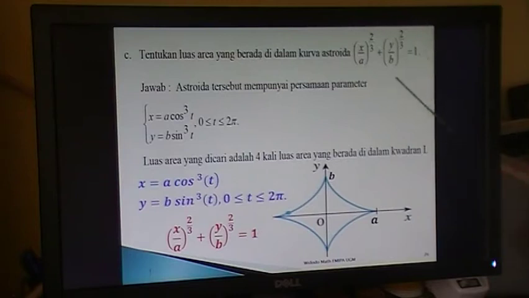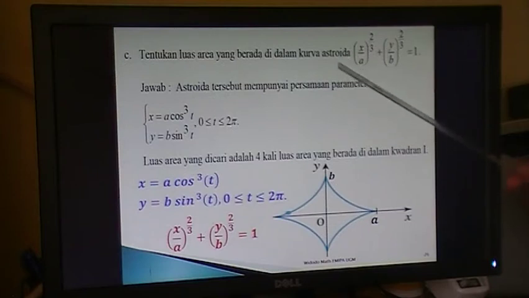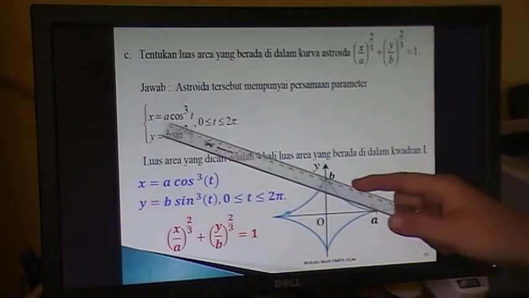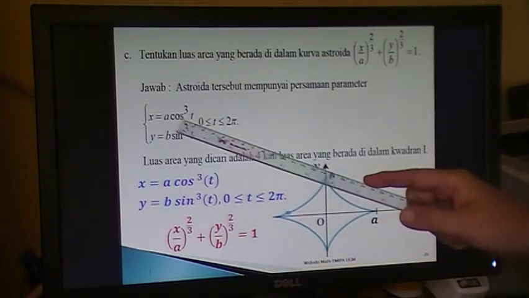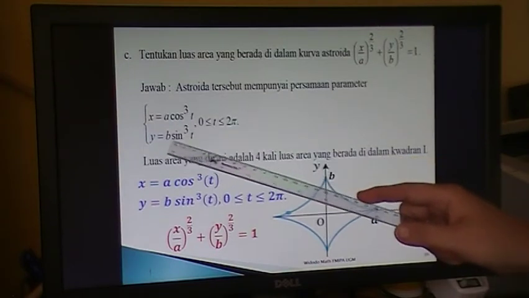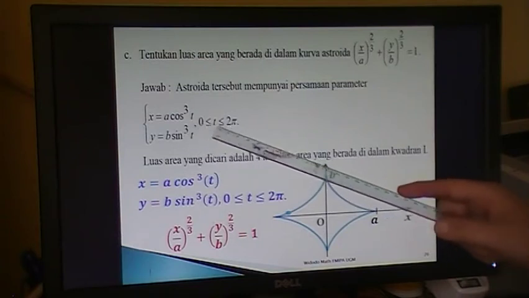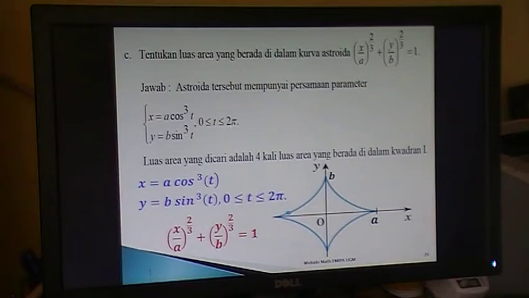For instance, when we want to count the area inside the asteroid, it is the parametric function given by x equals a cos t to the power of 3, y equals b sin t to the power of 3, with t between 0 and 2 pi. And the picture looks like this.